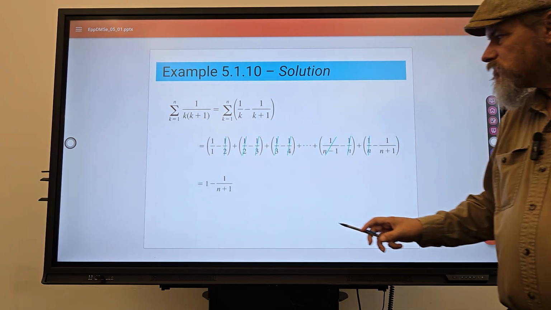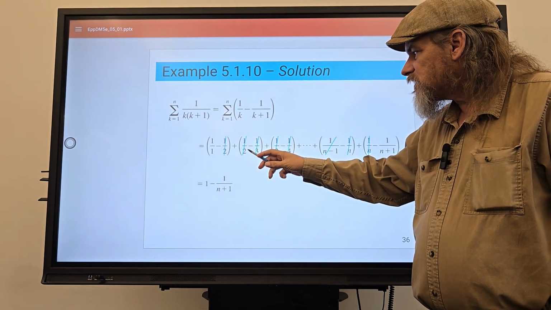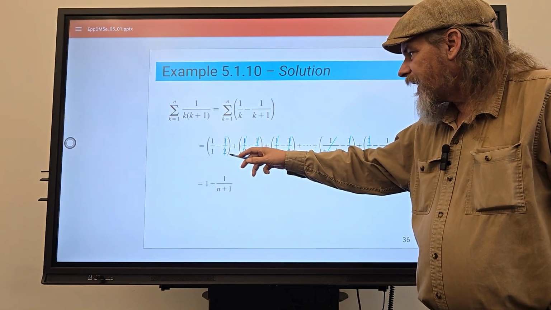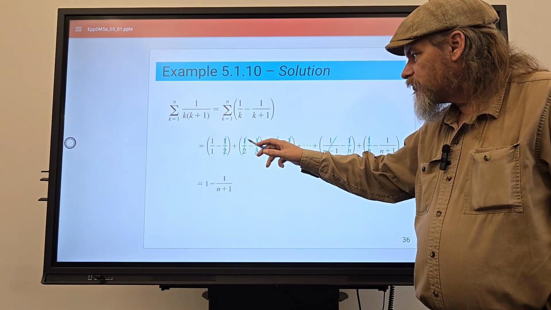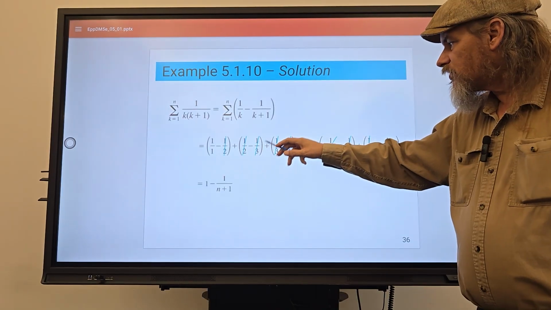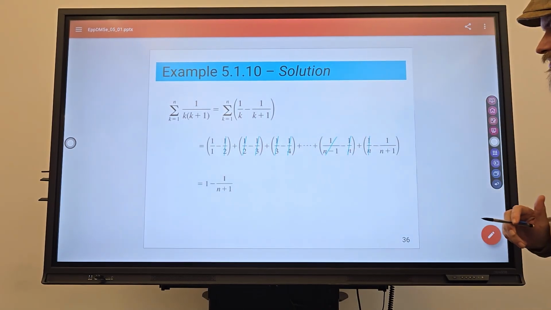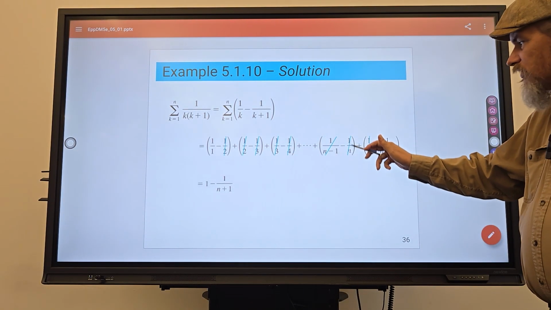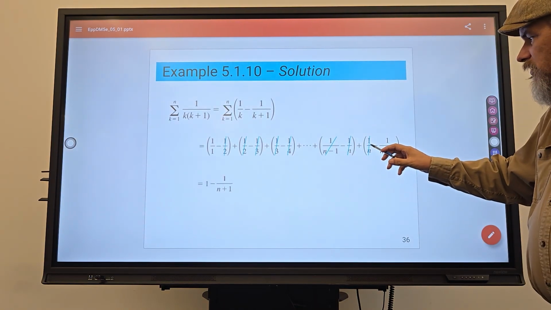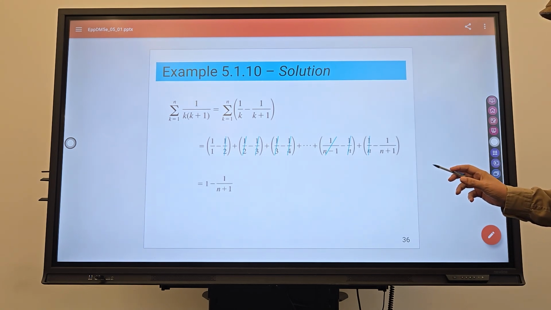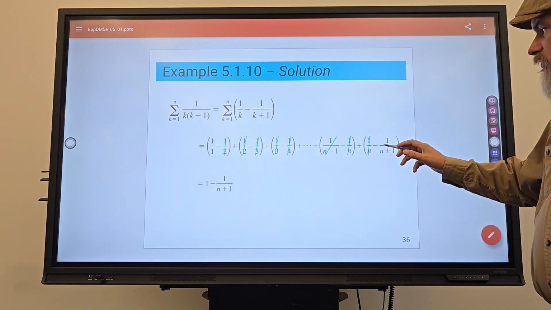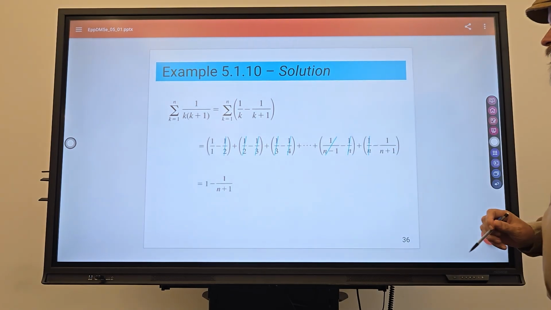When you expand it out, you notice that the minus 1/2 and the plus 1/2 cancel each other out. Minus 1/3 and plus 1/3 cancel each other out. Minus 1 over n and plus 1 over n cancel out, leaving behind 1 over 1 minus 1 over n plus 1.